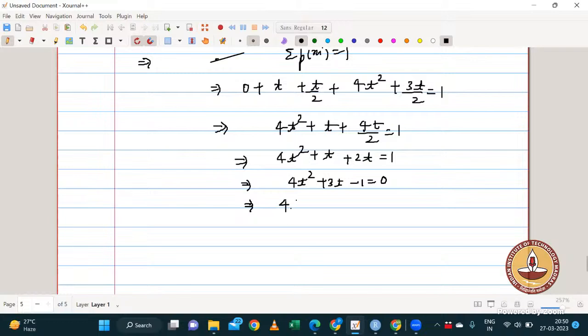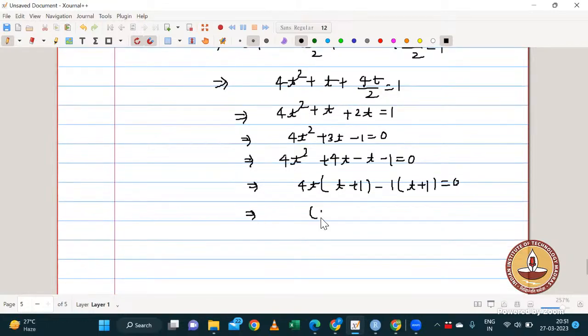So I have to solve this quadratic equation. I will get 4t square plus 4t minus t minus 1 equal to 0. So 4t I can take as common, giving 4t minus 1 times t plus 1 equal to 0. What are the possible values for t? Minus 1 and 1 by 4.